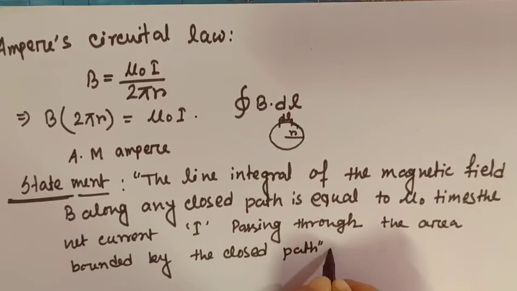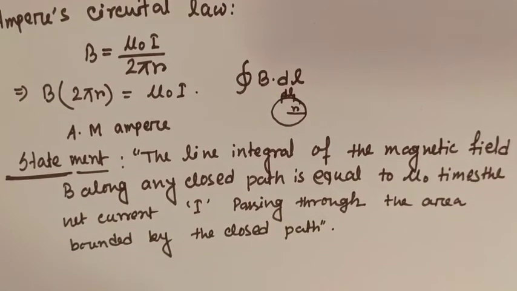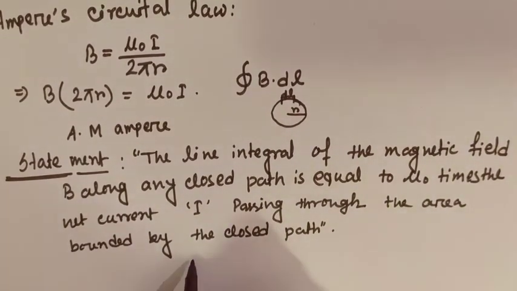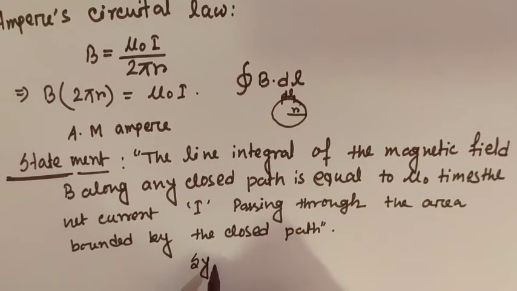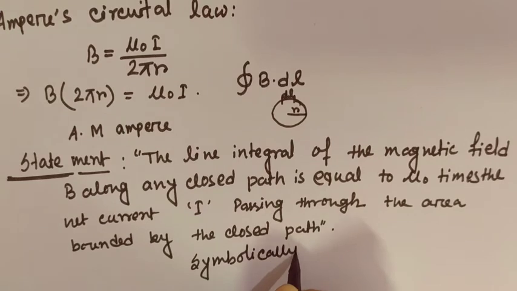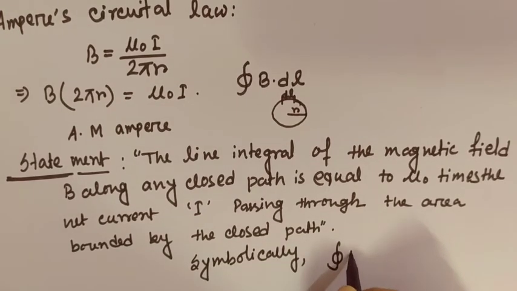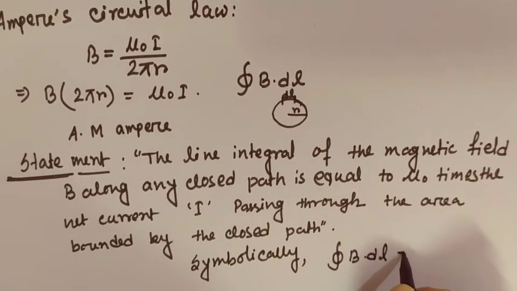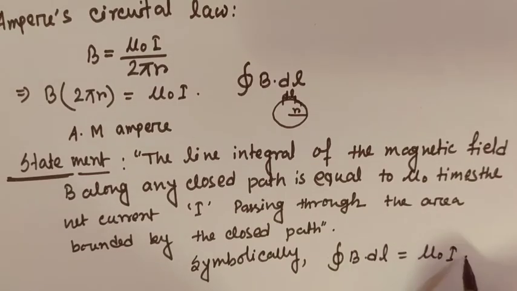This is the statement for Ampere's circuital law. And if we write this symbolically, then closed integration B dot dl is equals to mu naught I.